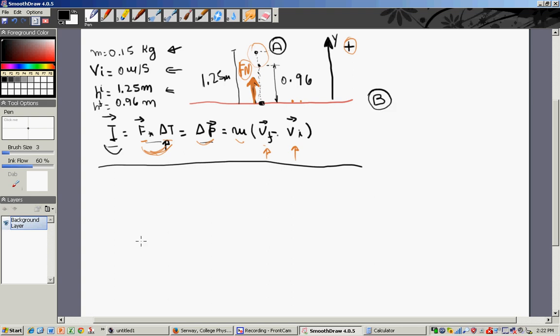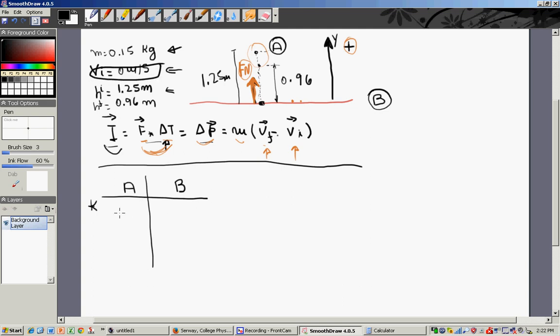So when I use conservation of energy to solve for unknowns, I set position A, position B, and then I go down the list of energies I have available in this process. Do I have kinetic energy at point A? No, I don't, because the ball is dropped from rest.